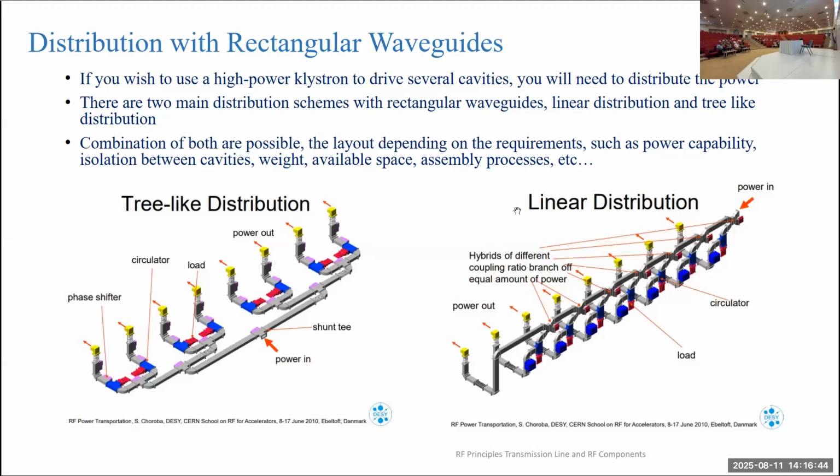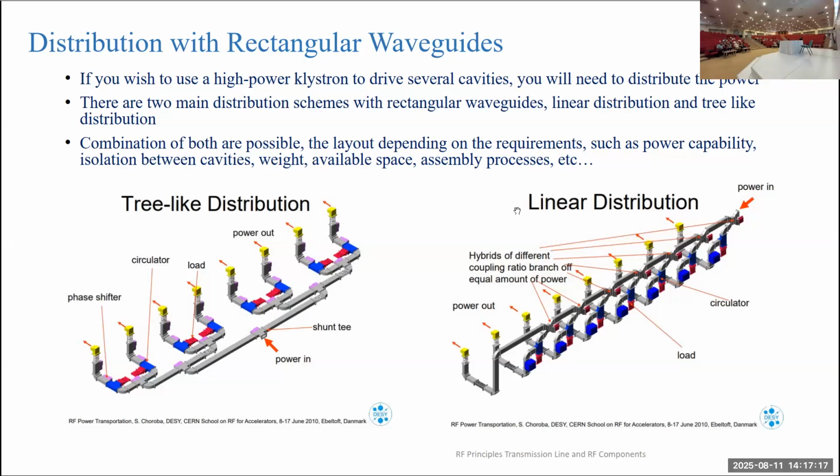So before designing the distribution, we consider how many devices we want to feed, what sort of distribution we should have, and what sort of resources we have, because for every source you need one directional coupler and one circulator.